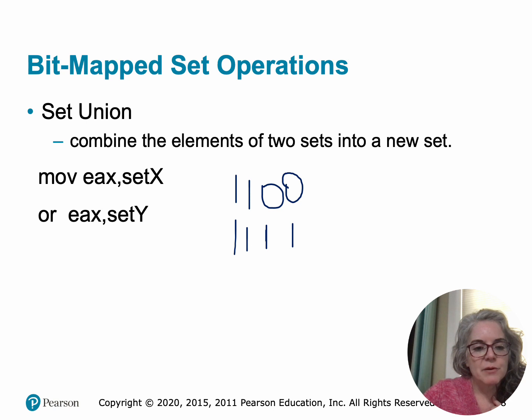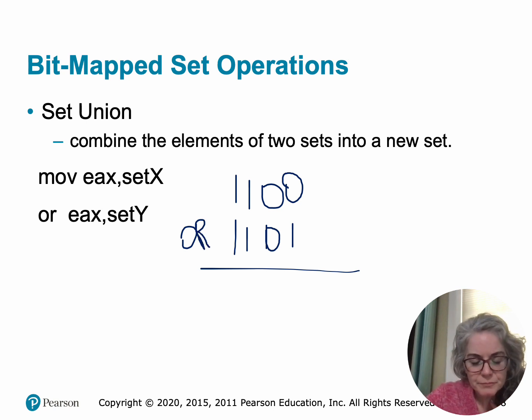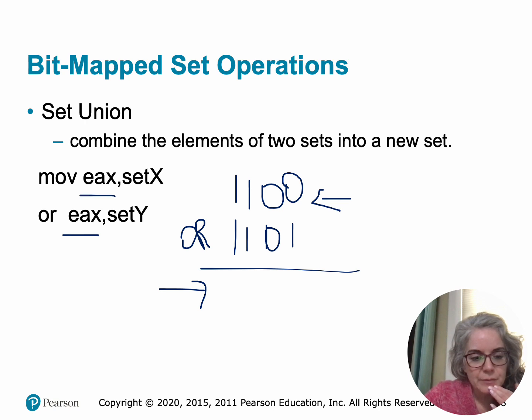Let's make one of these a 0. Okay, so we're doing an OR, and remember when we do an OR, and also in the previous one, the AND, EAX will actually get the result. So whatever result I write here, EAX will have that result. So that means that this number is going to go away right here because it's in EAX right now.